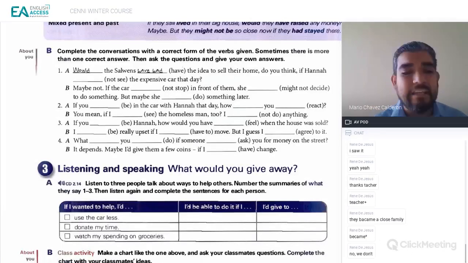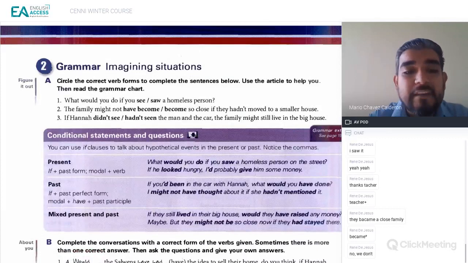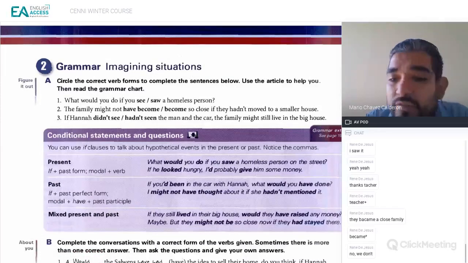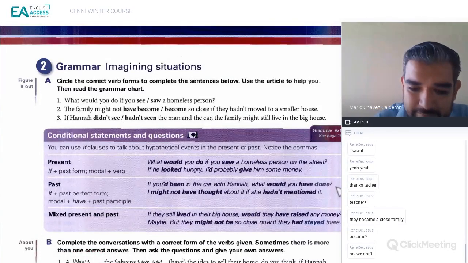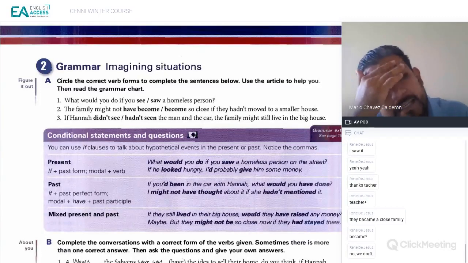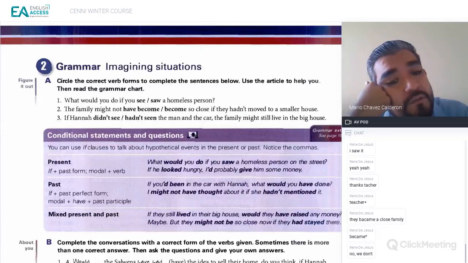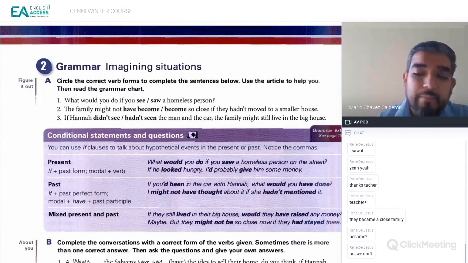We have here some sentences and we need to choose the correct word to complete the sentence. For example, the first sentence says, what would you do if you saw or see a homeless person? What do you think? Saw or see?